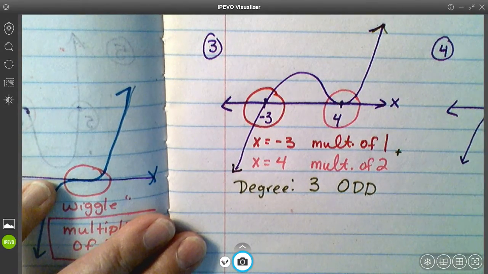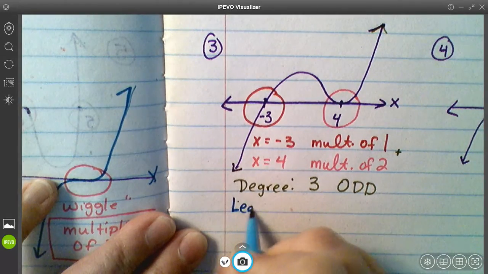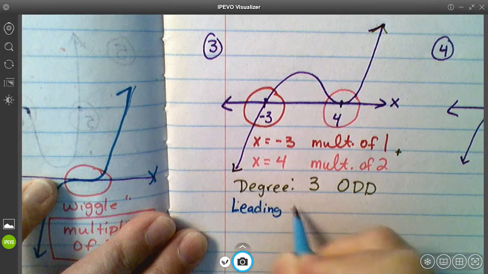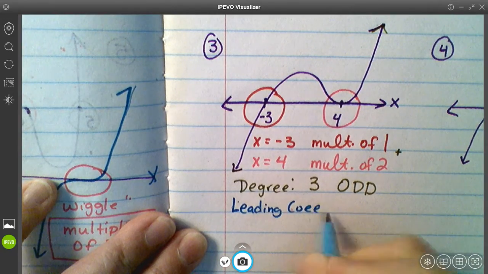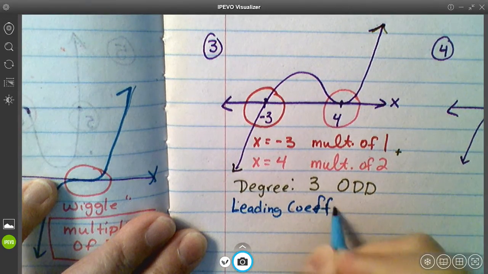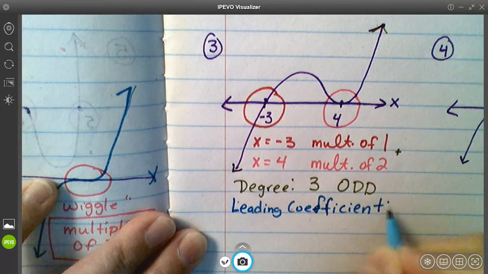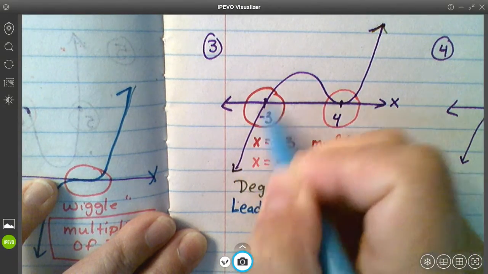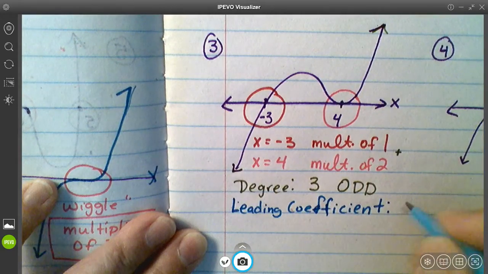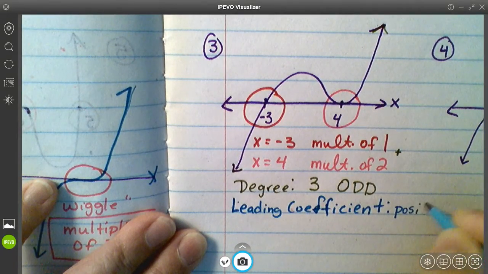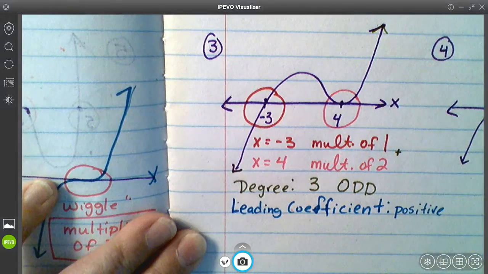I can also tell my leading coefficient, and I can tell that because it starts down low. So it starts down low and it ends up high. So I know that it's going in the positive direction.